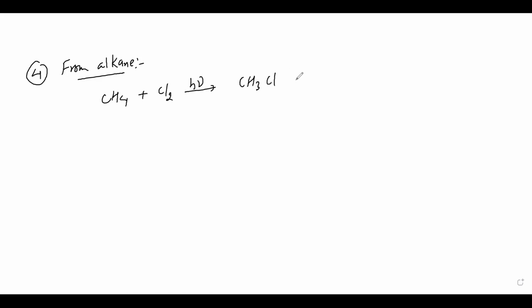Another reaction here is from alkane. When an alkane like CH4 is treated with Cl2 in presence of light, it gives haloalkane, which further reacts in sunlight to give CH2Cl2, which further gives CHCl3, chloroform, and which further gives carbon tetrachloride.